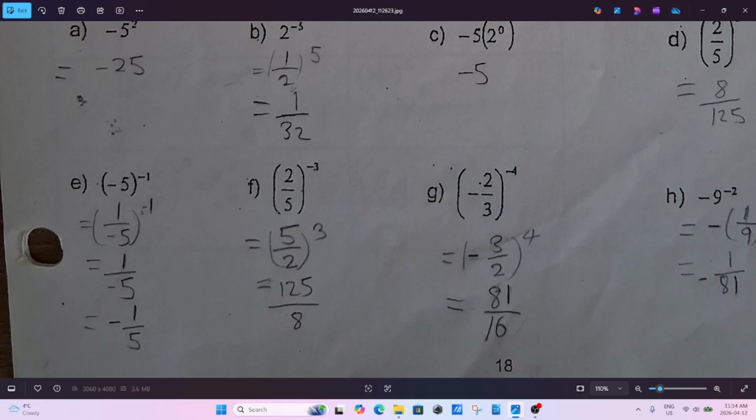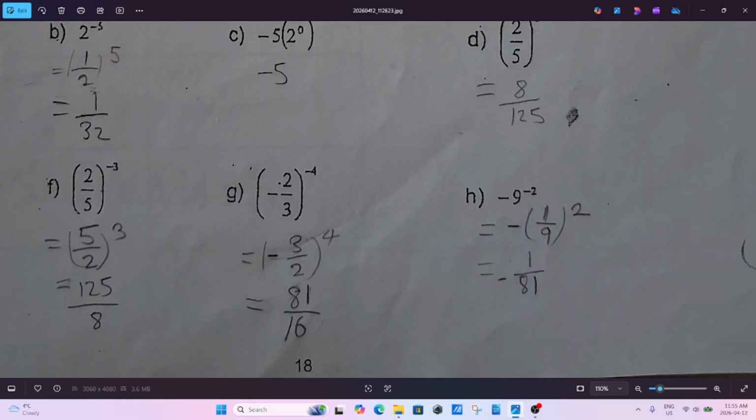So that's just equal to 1 over (-5) to the exponent 1, which is just equal to -1 over 5. Question F, (2 over 5) to the -3. So to get rid of the negative, we reverse the fraction. So top goes to bottom, bottom goes to top. So we get (5 over 2) cubed. And then we get 5 cubed, which is 125, and 2 cubed, which is 8.